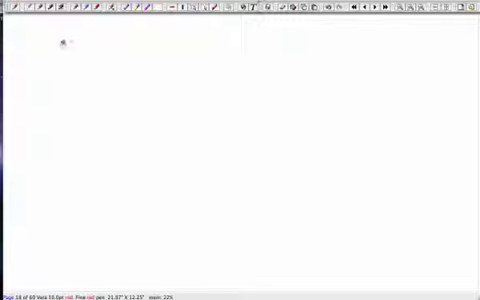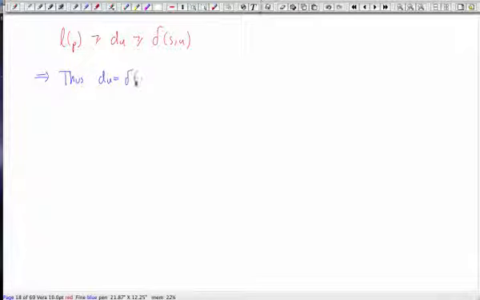So we have that the length of P is greater than or equal to du, which is greater than or equal to delta SU. And from this I'm going to conclude, why does that follow?